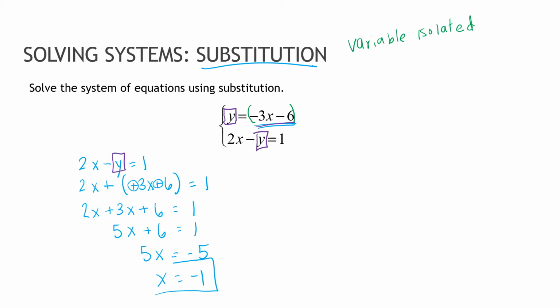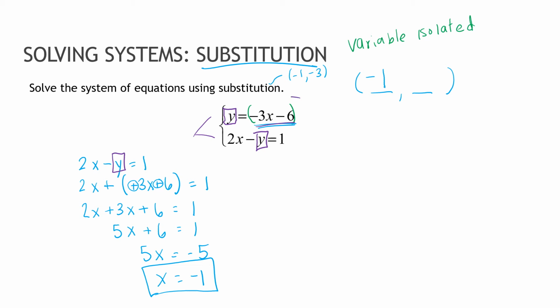So what I have solved for is, remember, my solution to a system is an ordered pair, typically, or no solution or infinitely many. But because I have x equals negative 1, that is the x value of my solution. Remember previously when we did this, we did get the point negative 1 comma negative 3. So that's what I'm hoping I'm going to get again. Then I'm going to take either one of these equations and plug in the negative 1 for x.